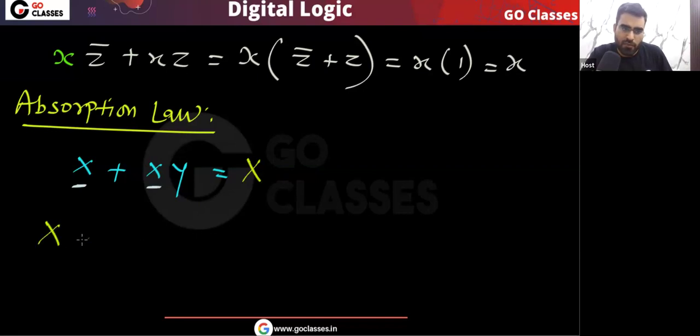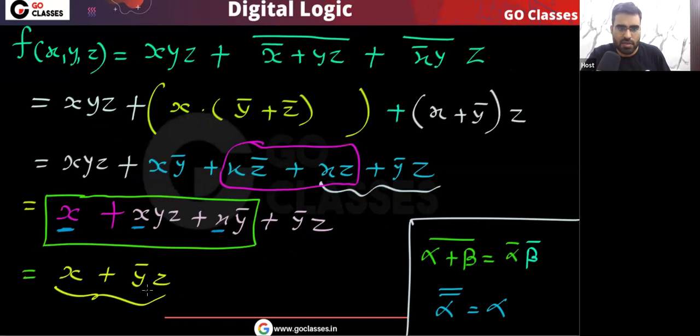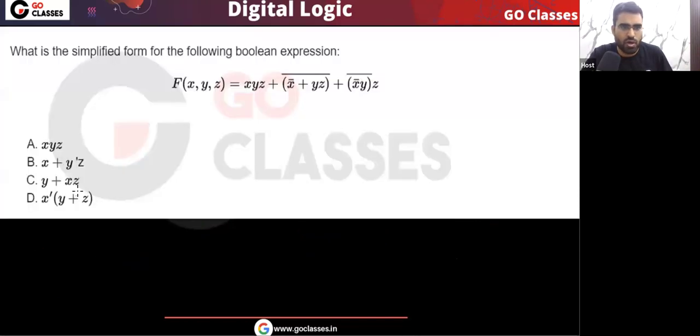So remember, if you have x or xy or xz, or x with anything, this whole thing will become only x. Because you can see you have this x here, x here, x here. So you can apply the absorption law: x or xy equal to x. Here you will get the final answer, x or y bar z. So the answer will be option B.